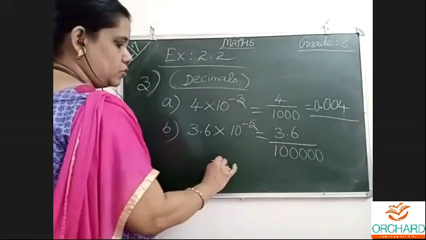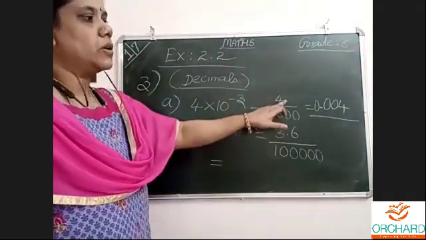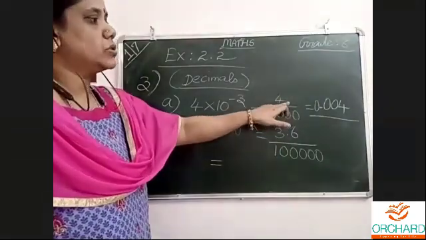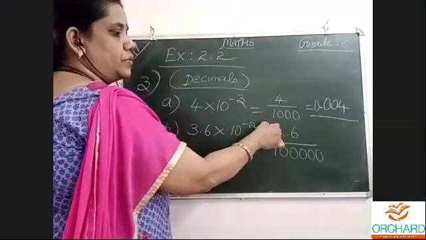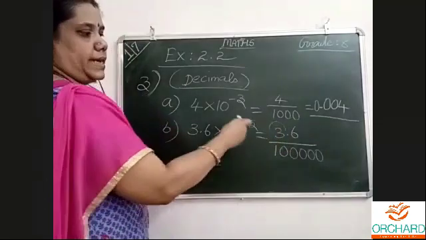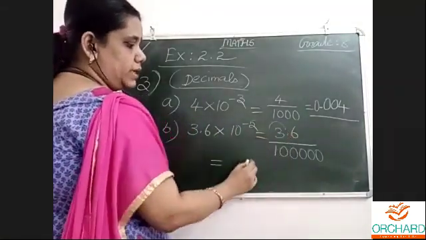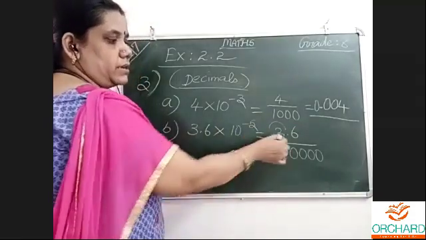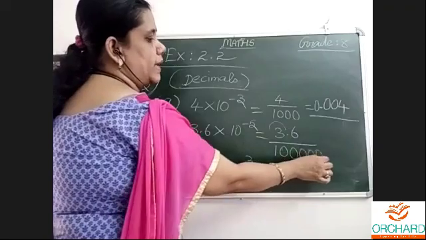Now what I must do? I must divide. When I divide, if the point is not there, I should move from the last. If the point is there, I must move from here towards this side. That is dividing. One number, 3, is only there. One jump. How many do I want? 1, 2, 3, 4, 5.